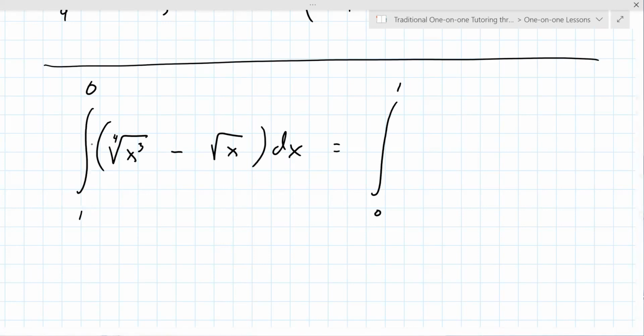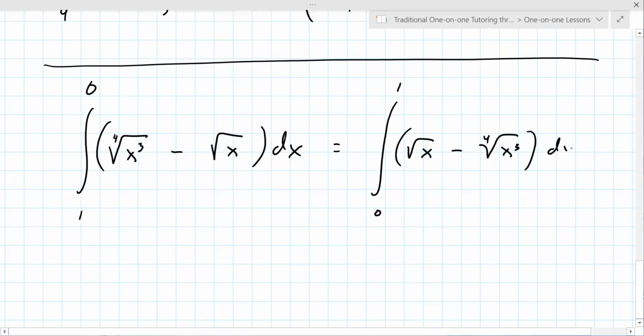This is the way I would do it once you get more comfortable. That changes the order to square root of x minus the 4th root of x cubed. Oh, so it just flips it. Yeah, and then you might even write it as -1/2 x. But what's the advantage of flipping it? Just to not have to deal with the negative out in front.